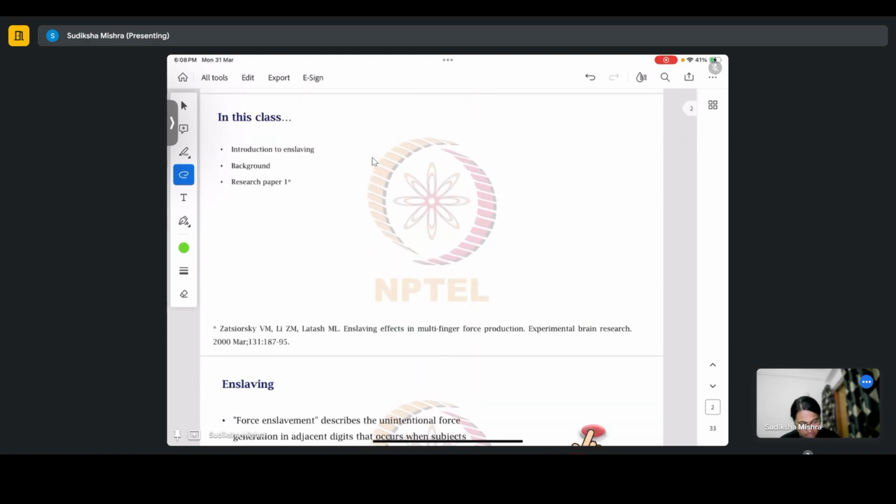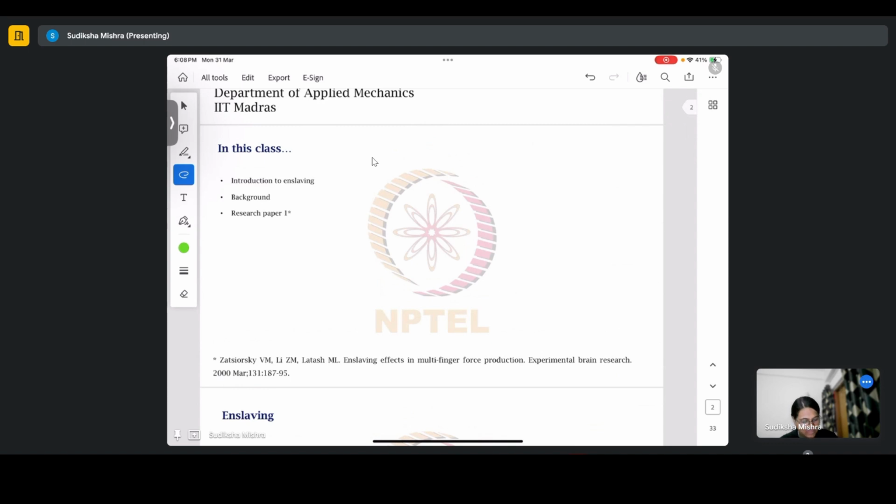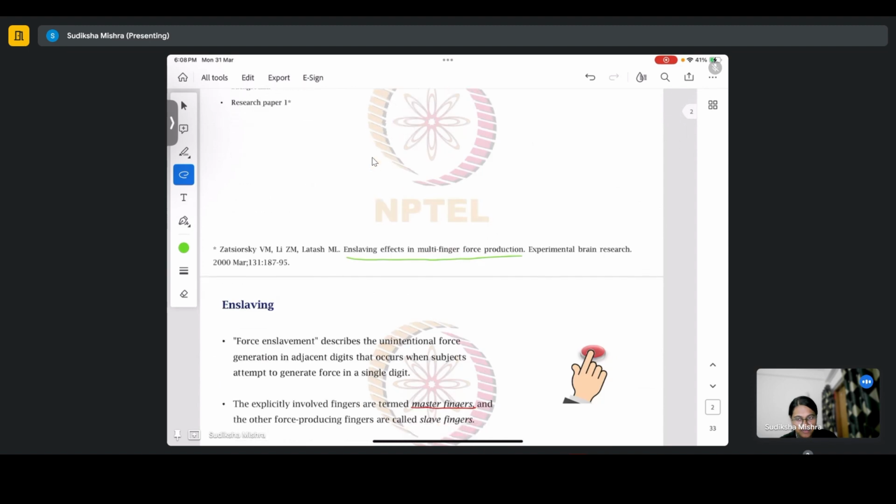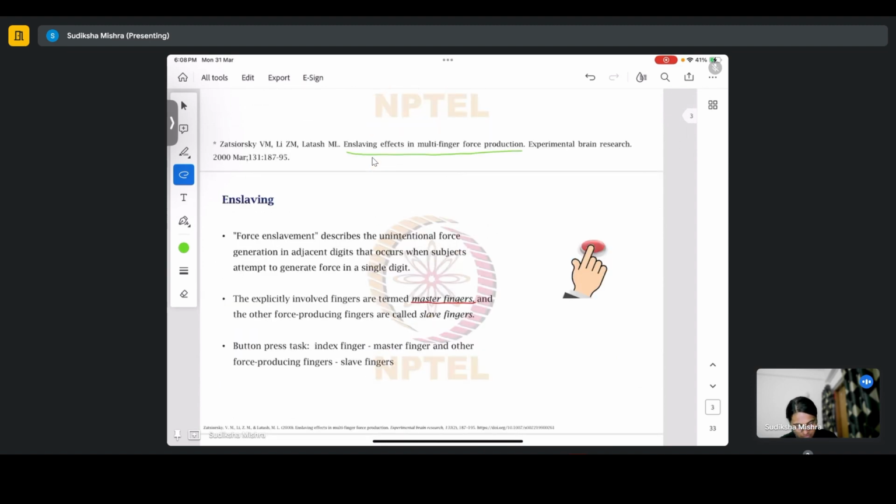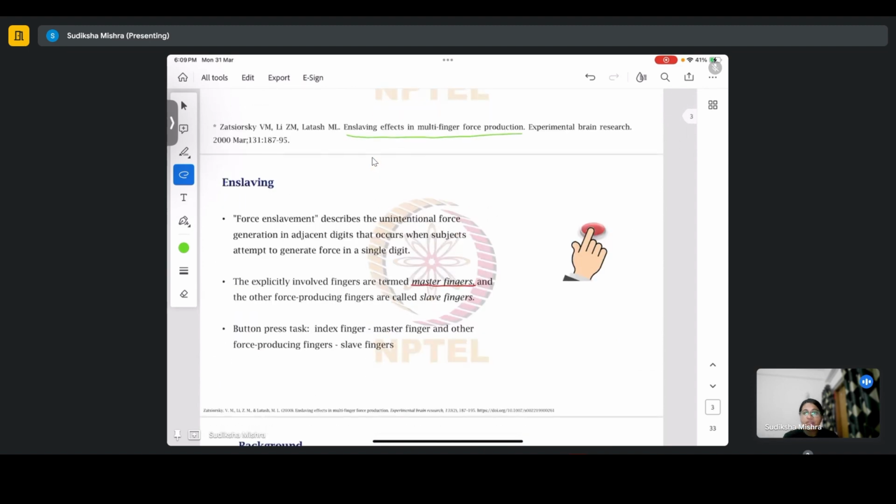Coming to the first paper, which has the title Enslaving Effects in Multi-Finger Force Production, published in Experimental Brain Research in the year 2000. Force enslavement is essentially unintentional force generation in the other digits when the attempt is to generate a force in a single digit or a couple of digits.